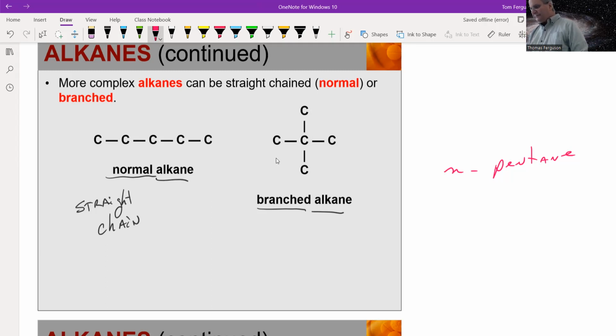Branched alkanes have a much shorter backbone, but they have branches off the backbone. So the number of carbons is the same, and the number of hydrogens is the same. It's just that the connections aren't the same.